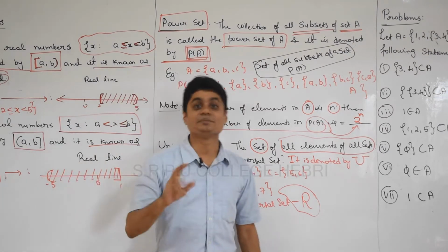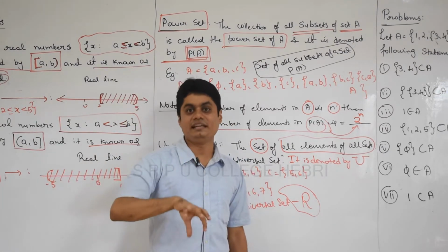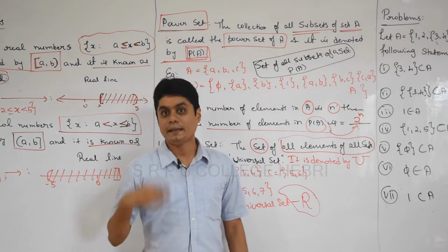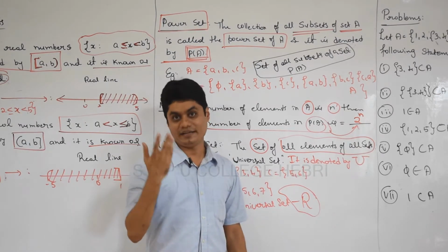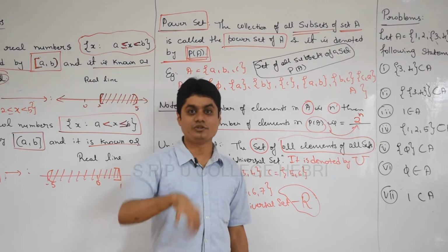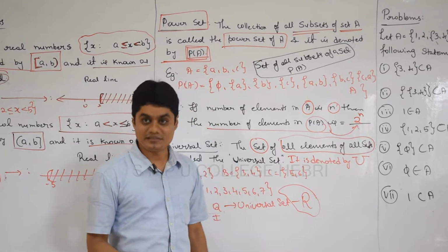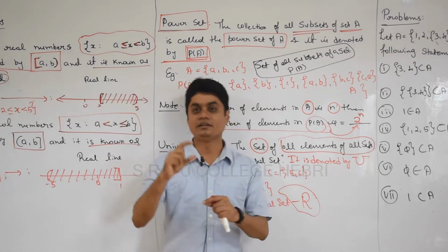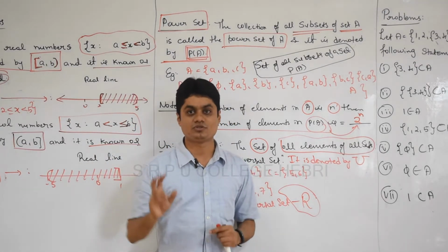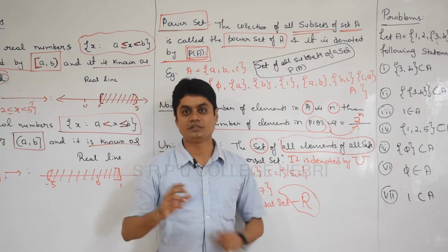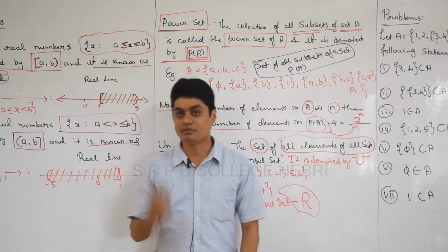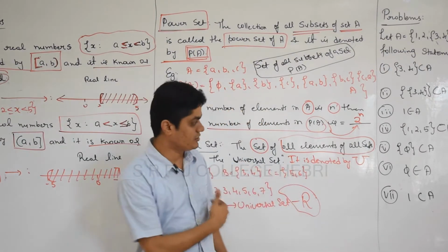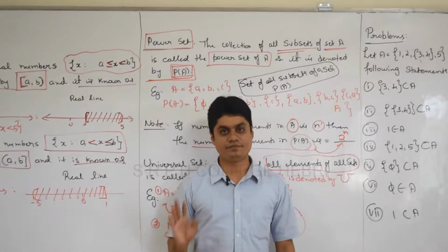Then we learned subset: a set A is called a subset of another set B if every element of A is present in B. Proper subset is all the subsets excluding the set itself. Then superset. After that we learned the different types of intervals as subsets: open interval, closed interval, half open, half closed. Then we learned the power set and the universal set.